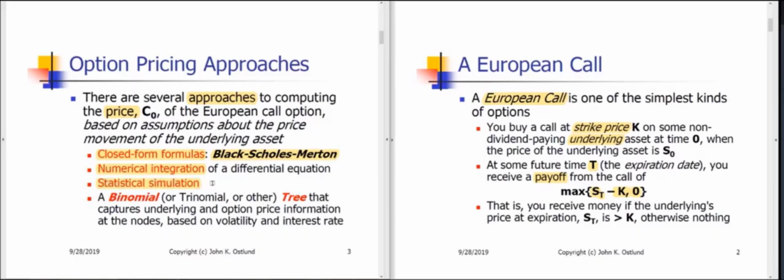Statistical simulation is another very common approach, particularly for very complex option contracts. Another approach is to develop a binomial or trinomial or some other kind of tree that captures the evolution forward in time of the underlying asset price and therefore the value of the option to come up with an appropriate price to pay now for such an option.